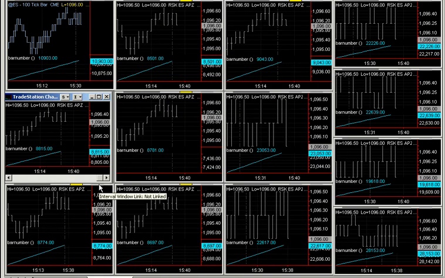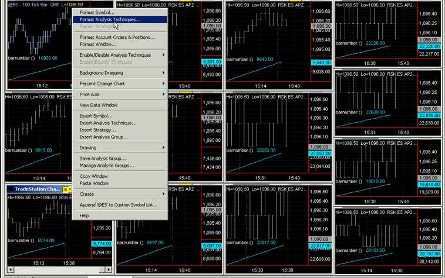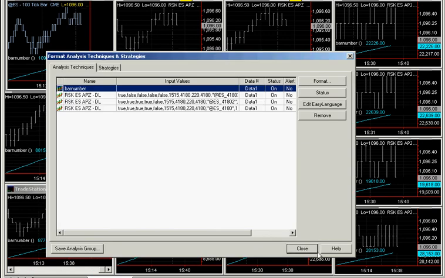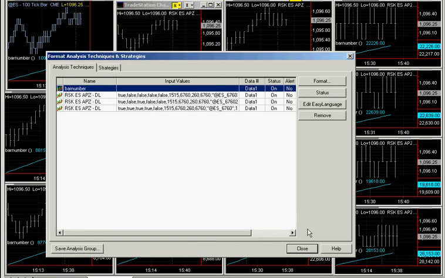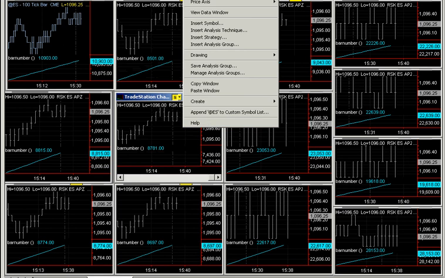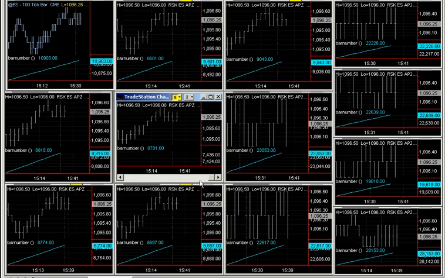So because of the difference in the setting of the MACD, we're going to produce different results. So here's your 2580. On this is your 4180. Here, it's your 6760. Here, it's your 10,950, and so on down the line.